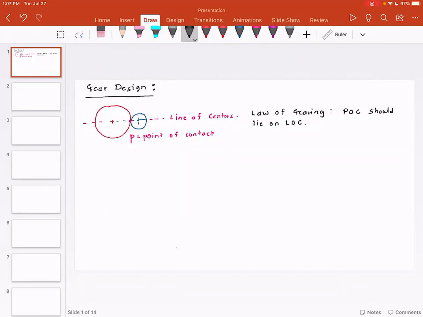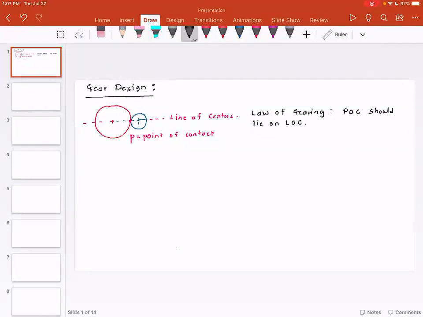If it does not lie for some reason, the power transmission will not be continuous and it won't be smooth. So this actually introduces us to a concept called pressure angle.